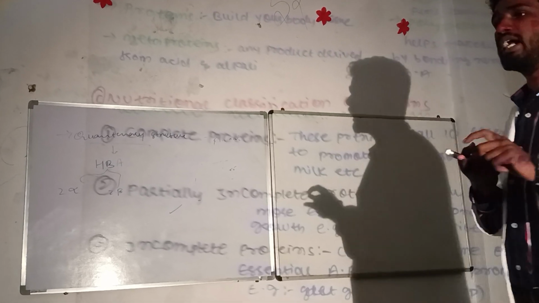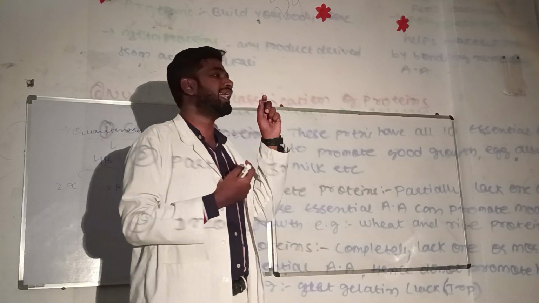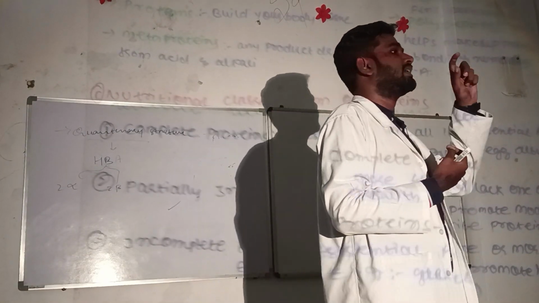Third and last classification is the nutritional classification of proteins. In that, the first classification is complete proteins, partially incomplete proteins and incomplete proteins. Complete proteins are those kinds of protein which completely fulfil your 10 essential amino acid requirements. There are 10 essential amino acids required for your body. In order to build your muscle mass and other things, you need to have 10 essential amino acids.